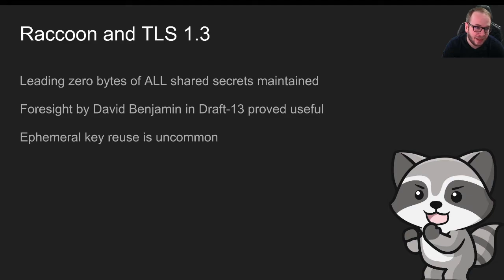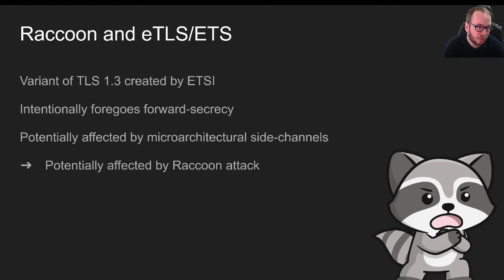So he proposed to change this, and indeed he did. And this makes TLS 1.3 only maybe vulnerable to microarchitectural side channels, the same as with the elliptic curves. But at the same time, ephemeral key reuse is not so common in TLS 1.3. So TLS 1.3 is probably secure against the Raccoon attack.